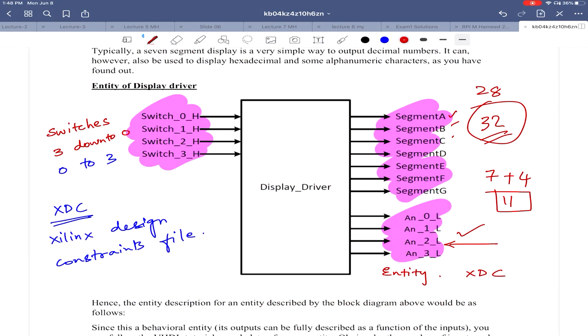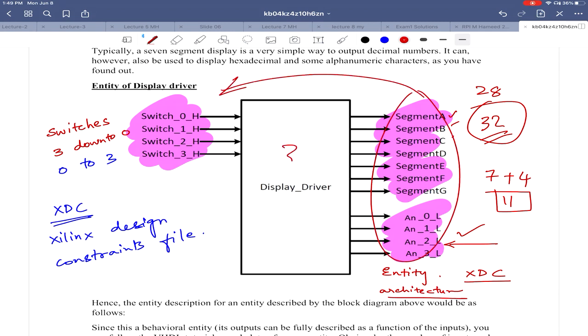They also have to appear in the XDC file. And in the architecture of the VHDL file, you need to describe how the outputs are related to the inputs, meaning what goes on here inside the box.